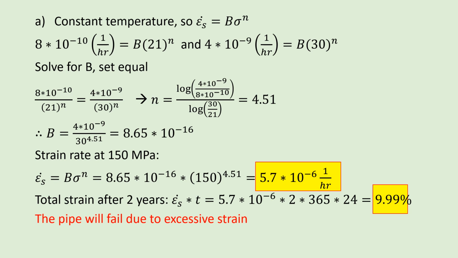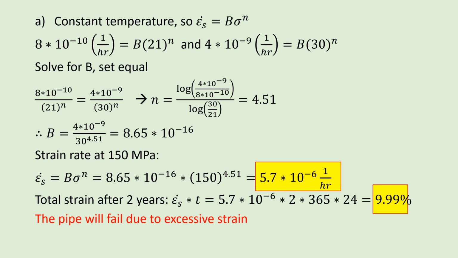So the steady state strain rate is going to be equal to a constant B times the stress raised to a constant n power. We have, from our experiments, 2 sets of strain rates and stresses, and we're going to plug those into this equation to get 2 equations with 2 unknowns.